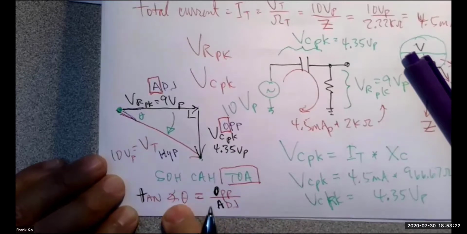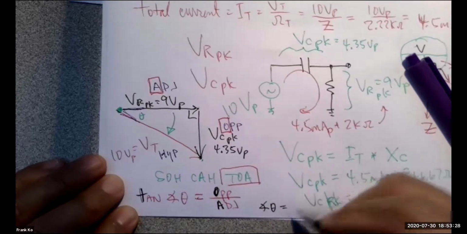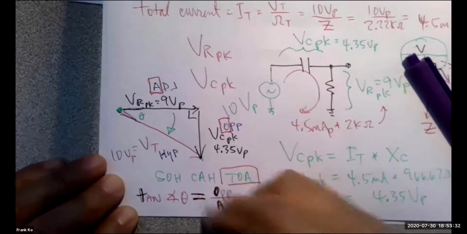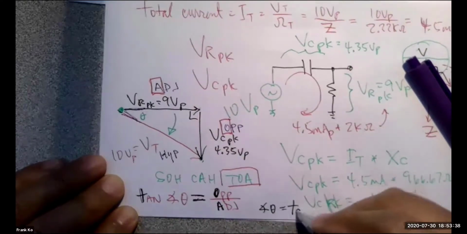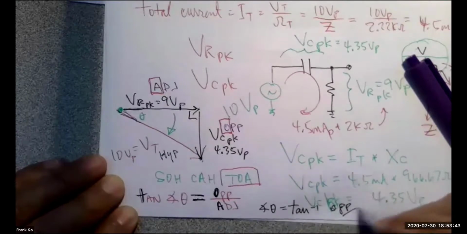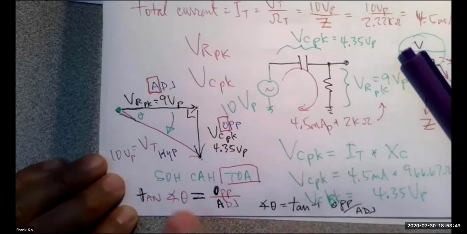Now, we're not interested in the tangent of an angle. We actually want angle theta. And if I move tangent from the left side of the equal sign over to the right side, it becomes inverse tangent of opposite over adjacent. That's how you will find your angle of theta.